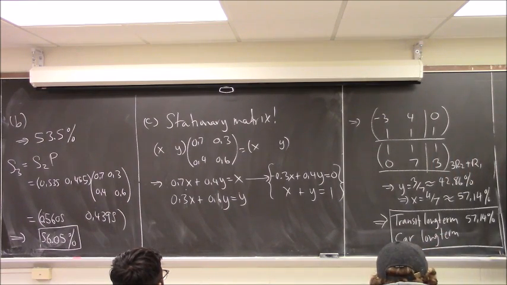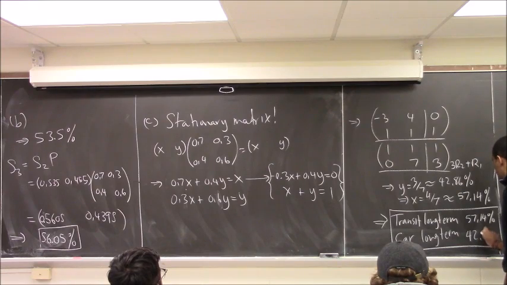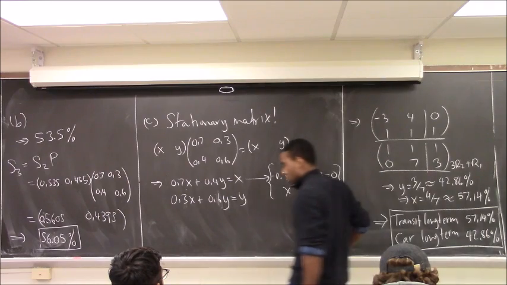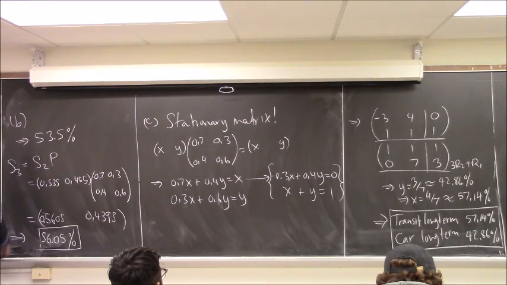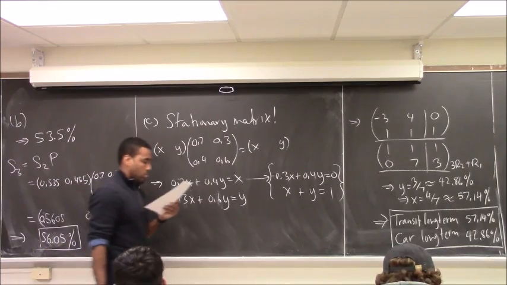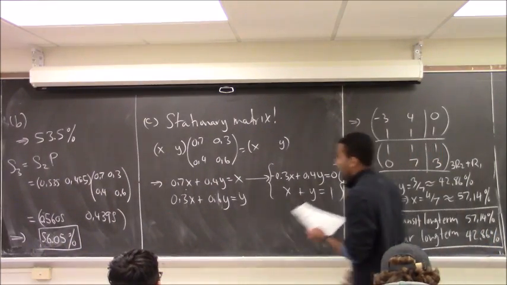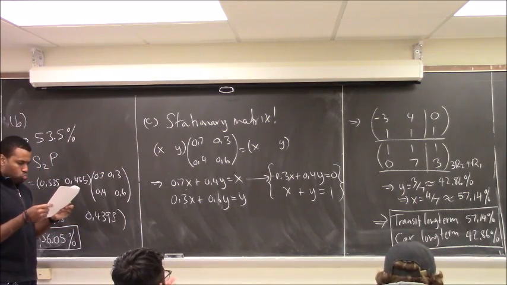The transit system will end up serving 57% of the population, while about 43% of the population will be using cars. Okay. So that's problem 6.